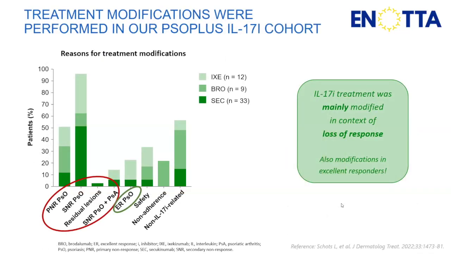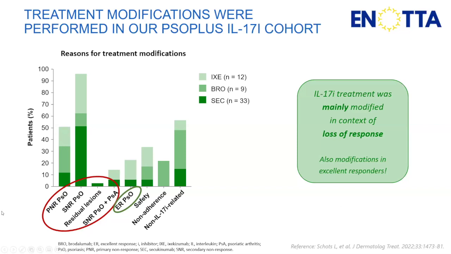We also did a study in our own cohort, in patients treated with interleukin 17 blockers: ixekizumab, brodalumab, secukinumab. In our own clinic at the department here, we see that we do treatment modifications, mostly because of insufficient response. There are primary non-responders and secondary non-responders.